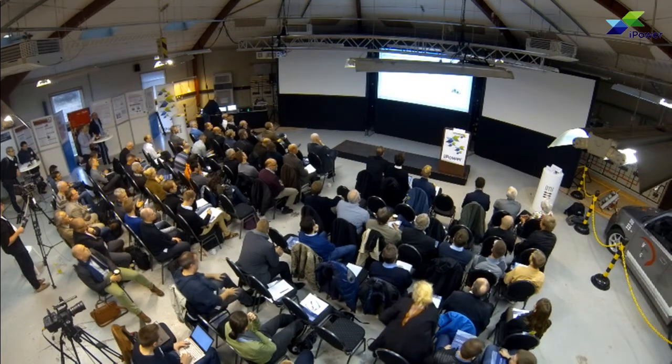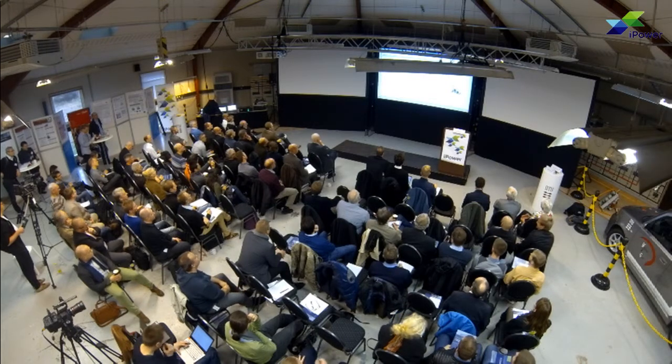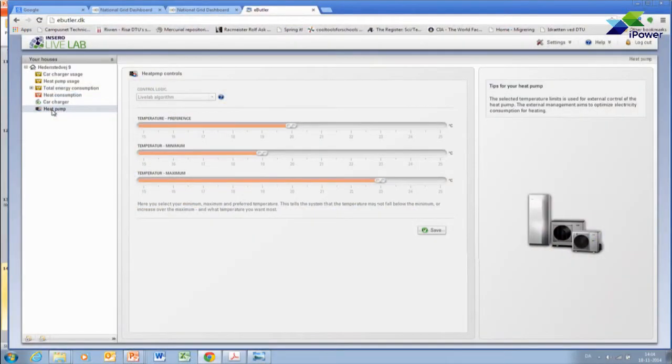Heat pump is better. Okay, I'll begin with the heat pump then. The heat pump is a little easier to talk about because we all have a sense of this comfort margin in the house, where we accept fluctuations in the temperature. Here we have allowed people to set their preferred temperature.